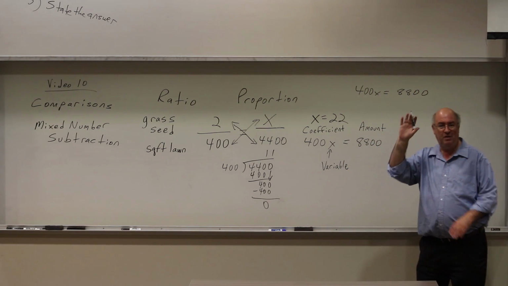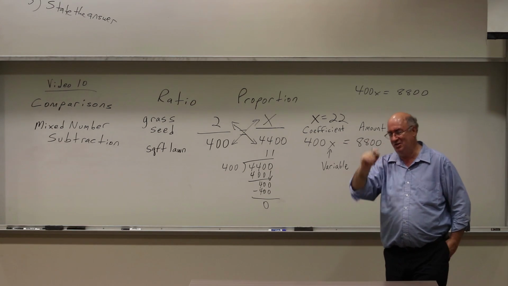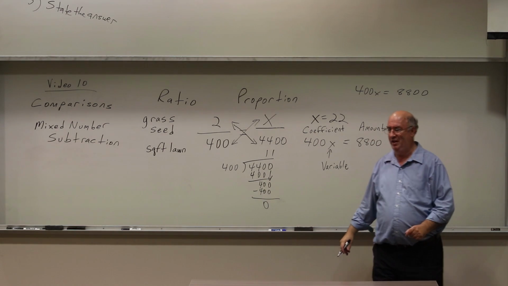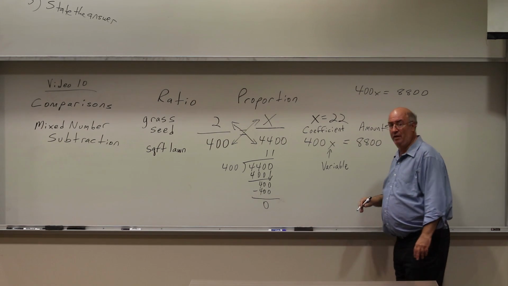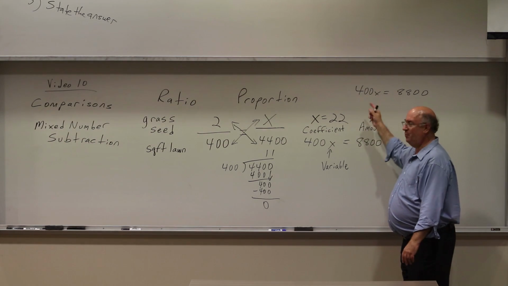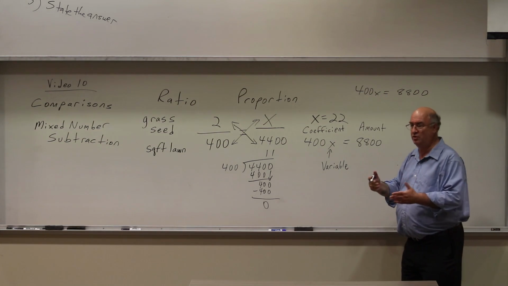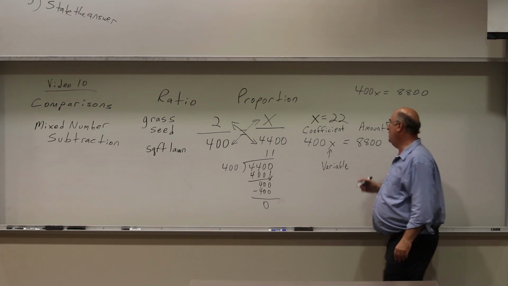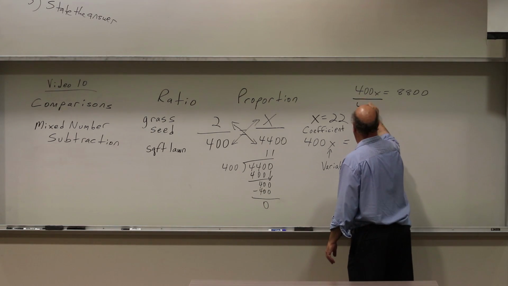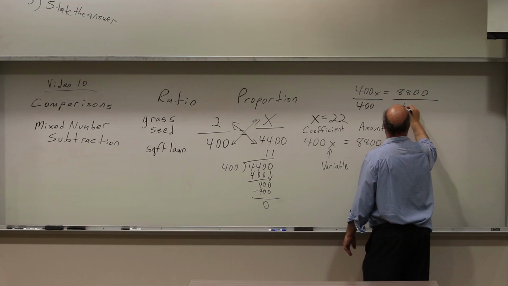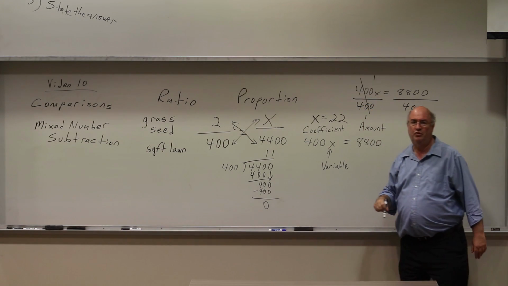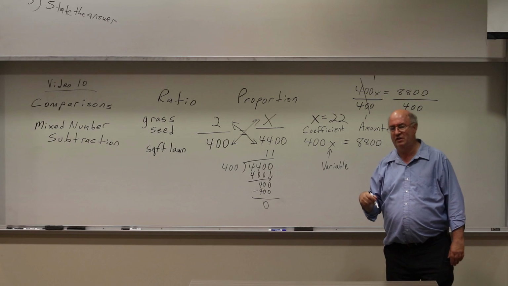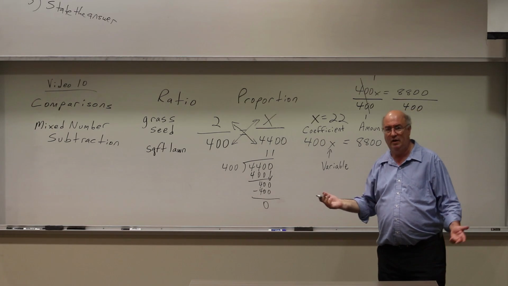We break up the band between the 400 and the x. Not literally breaking up the band. So we're going to split it. So we're multiplying, so we're going to divide by 400 to have x by itself. So we find out what our unknown is. 400 over itself, anything over itself is 1.